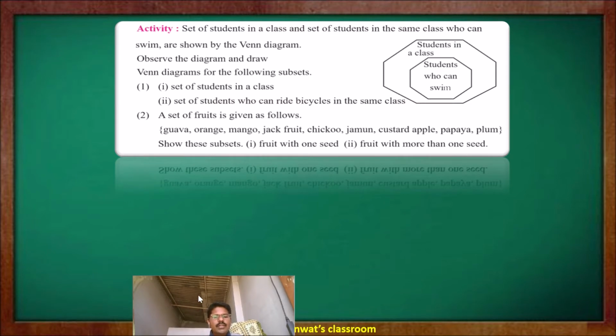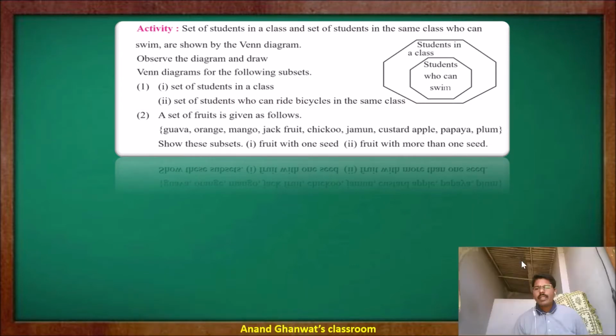Now let us do an activity. The set of students in a class and the set of students in the class who can swim. This is shown by a Venn diagram. So here is the Venn diagram showing students in a class and students in the class who can swim.